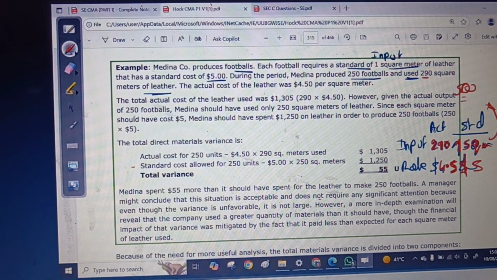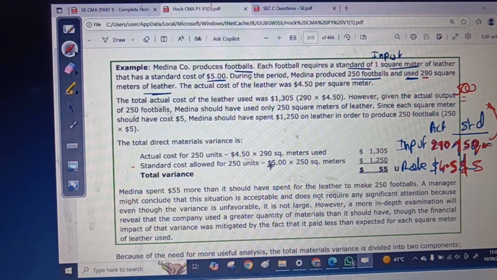What is the standard quantity allowed for actual output? What is the standard quantity of input allowed for actual output? 290? No, that is actual. Standard input allowed for actual output, how much is that? That is what standard quantity is.